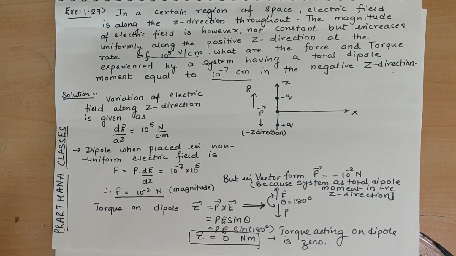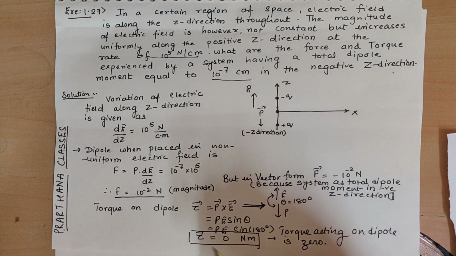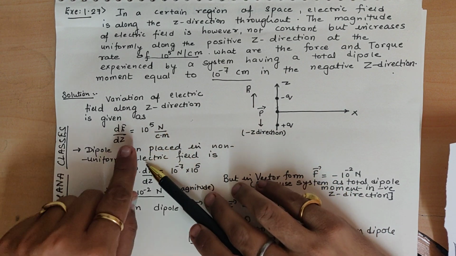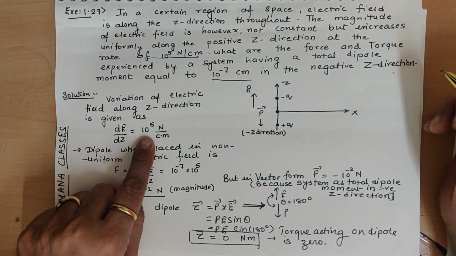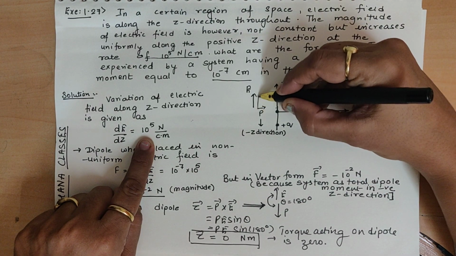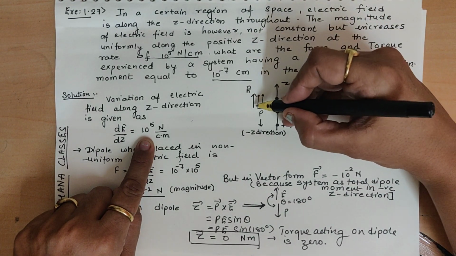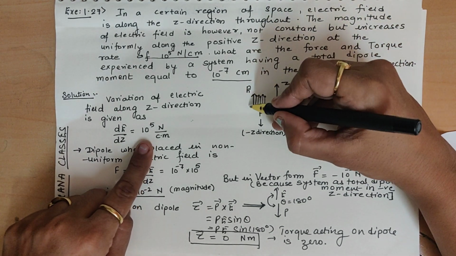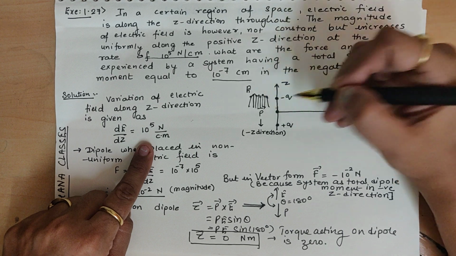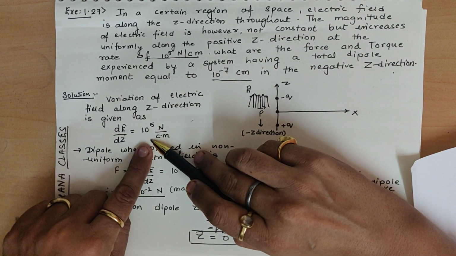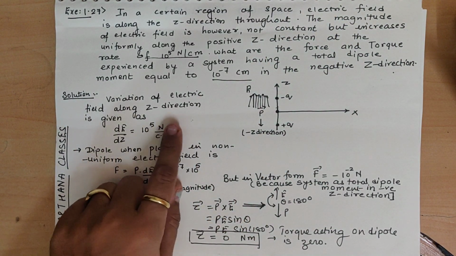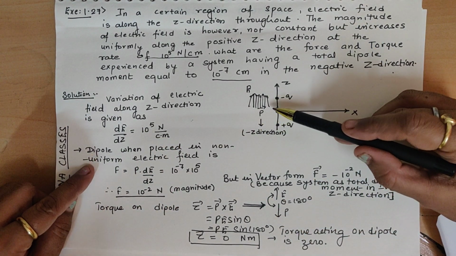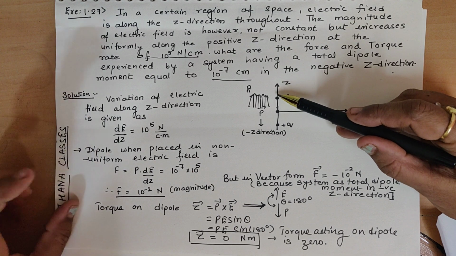It is given here. You can see that the variation of an electric field along the z axis is given by dE upon dz, which is along positive z direction, and it is in increasing order, means it is a non-uniform electric field. This is the non-uniform electric field, and that is given to us as 10 raised to 5 Newton per Coulomb meter. And the dipole, we say it is placed in the non-uniform electric field.